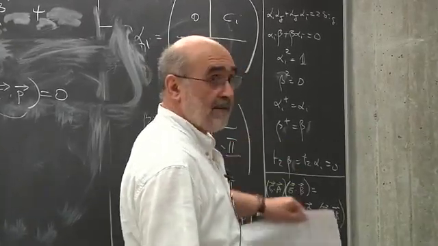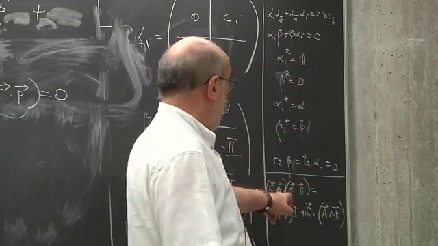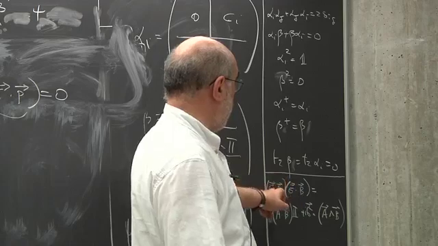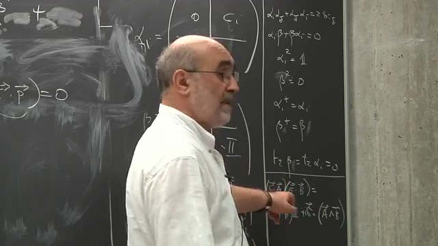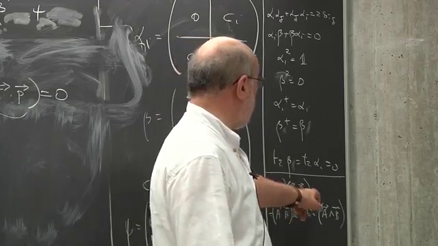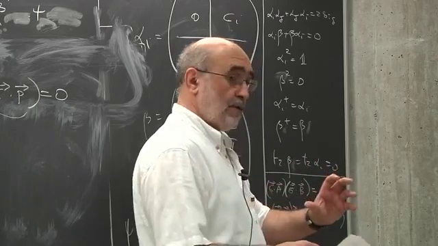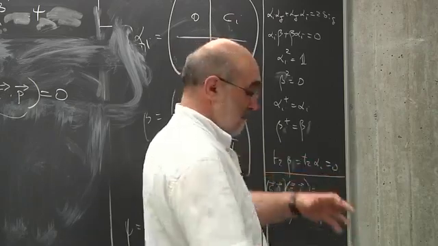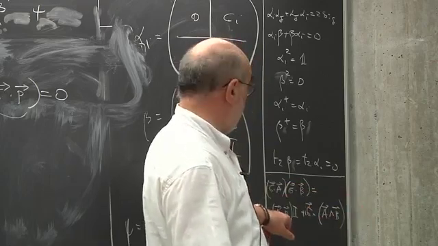So A and B are vectors. Sigma has 3 components, so sigma dot A is a linear combination of 3 matrices: sigma 1 A1 plus sigma 2 A2 plus sigma 3 A3. And here is sigma 1 B1, sigma 2 B2, sigma 3 B3. It is the product of 2 by 2 matrices, linear combinations, and it is equal to a 2 by 2 matrix.